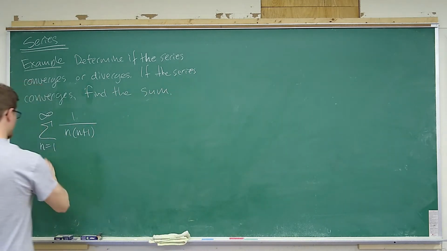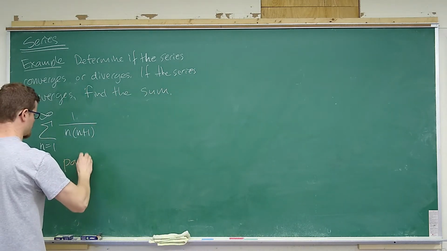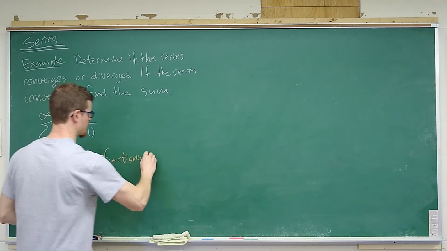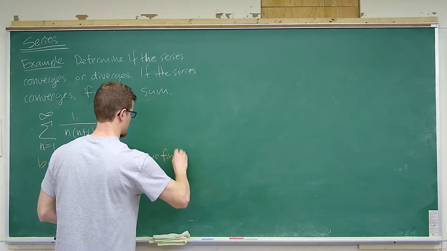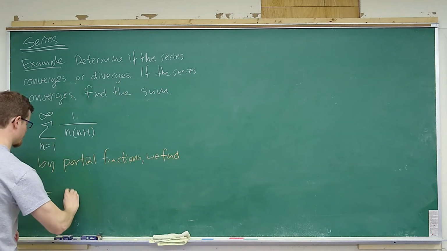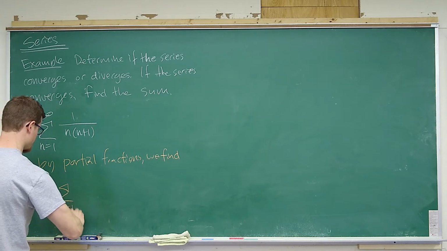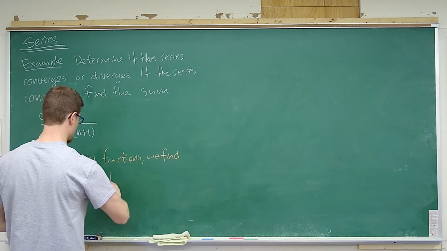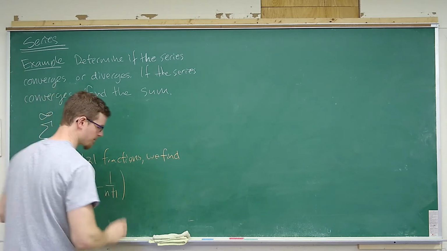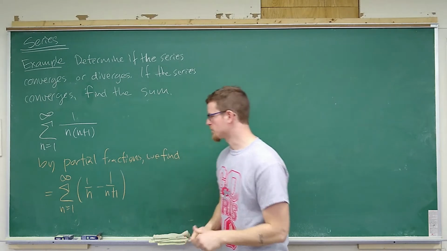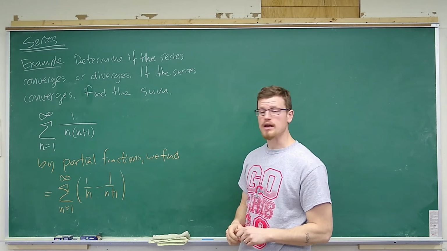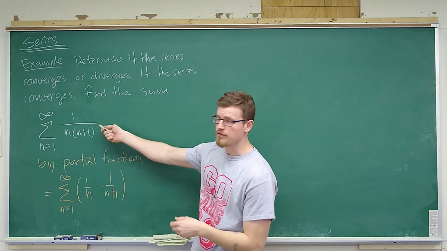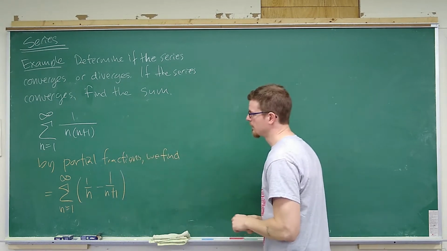So by partial fractions, we find that this is equal to the sum from n equals 1 to infinity of 1 over n minus 1 over n plus 1. You may need to review partial fractions in order to find this, and that's quite all right, but you'll notice that if I were to add these two fractions back together, or subtract rather, then I would find this fraction.